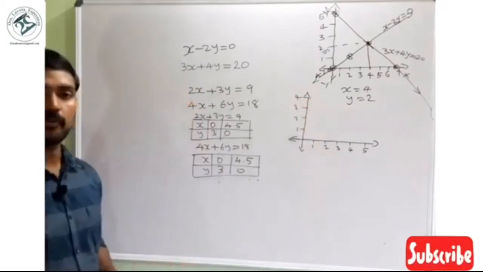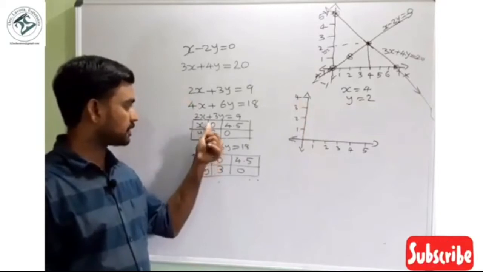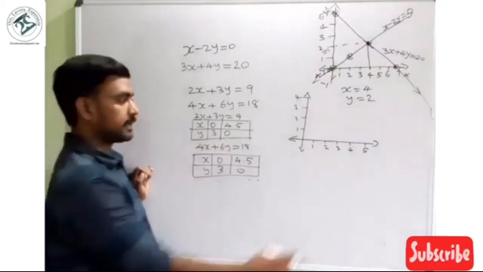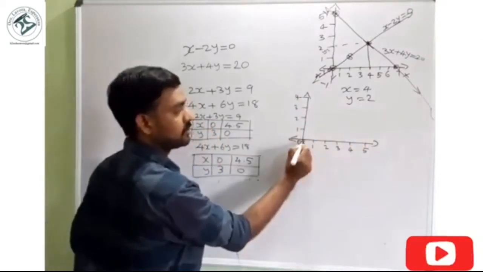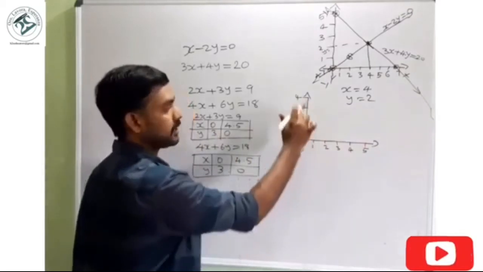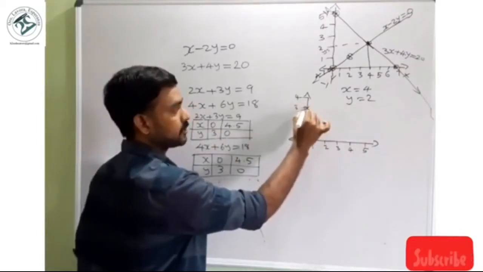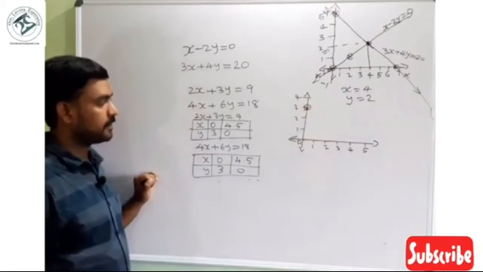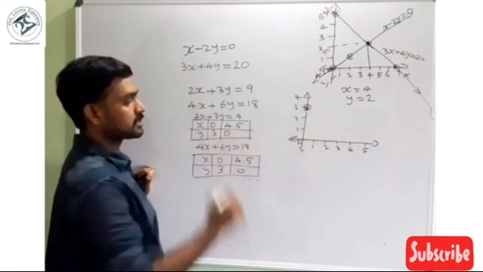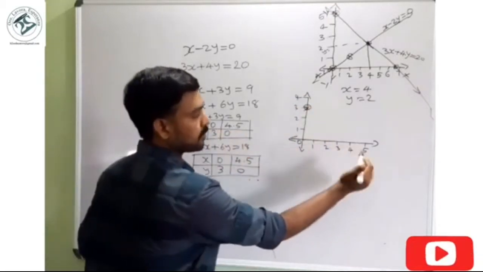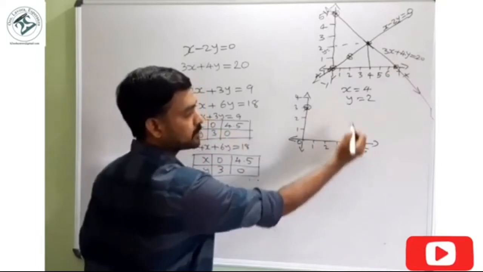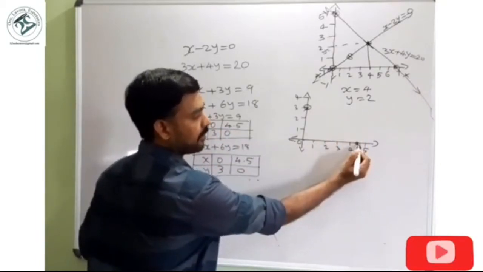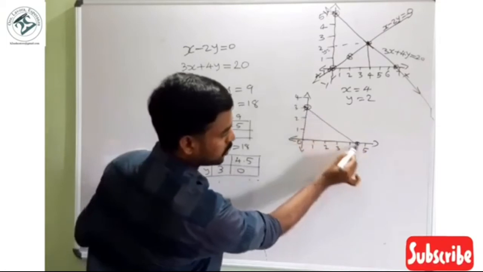Now we can plot the points. First, for this equation, 0, 3. x value 0 means here is 0, and 3 means on the y-axis 3. So this is the point. Now 4.5, 0. On the x-axis here is 4.5. 0 means not going upward or downward. So this is that point. So we can draw the line through these points.